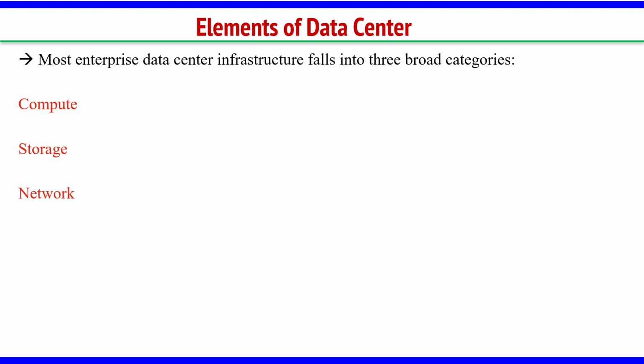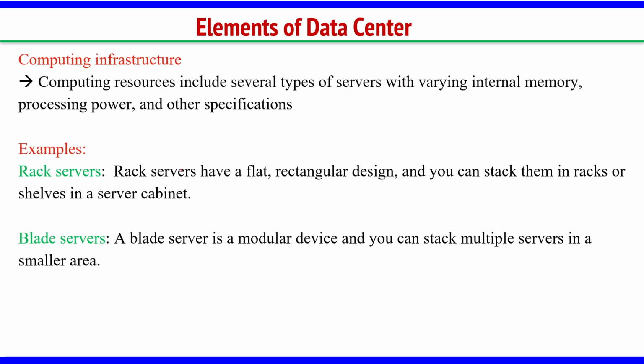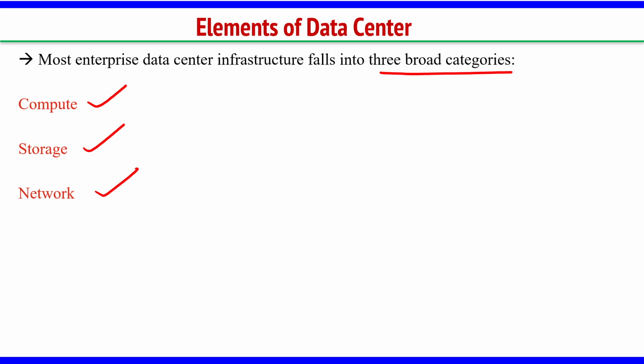But basically, what does a data center contain? What are the elements of a data center? Most enterprise data center infrastructure falls into three broad categories: compute, storage and network. Let's see each one of them. A data center contains three kinds of things: one is compute related, the other is storage related, the third is network related.